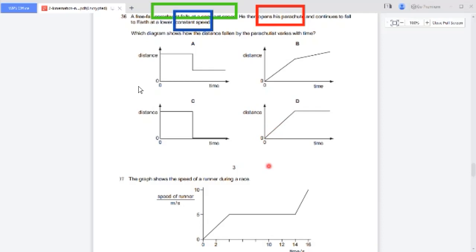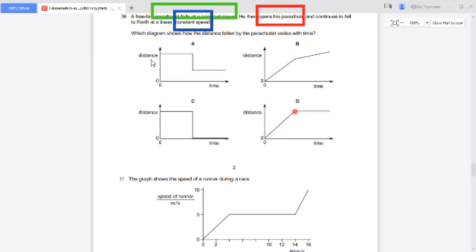If we calculate the gradient of this distance time graph, the gradient of a distance time graph is actually speed. So it tells us that the object is moving with a uniform or constant speed here.